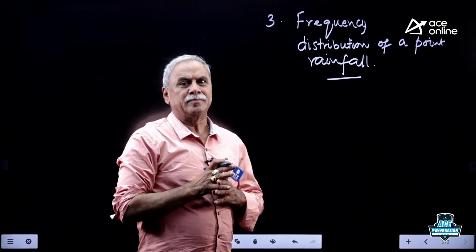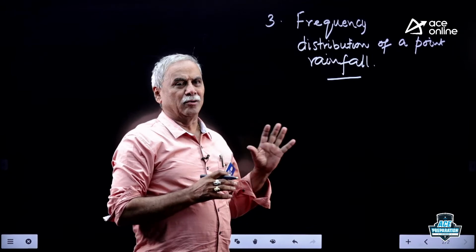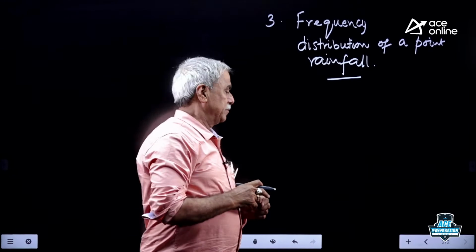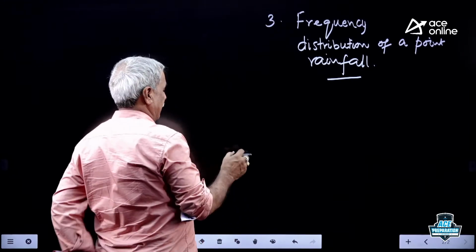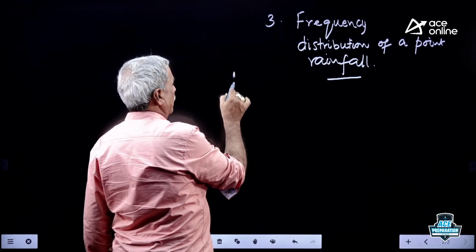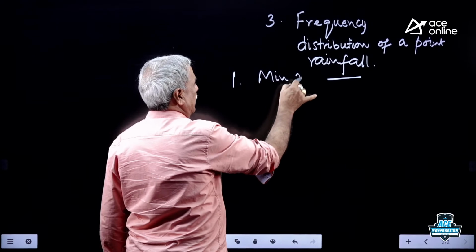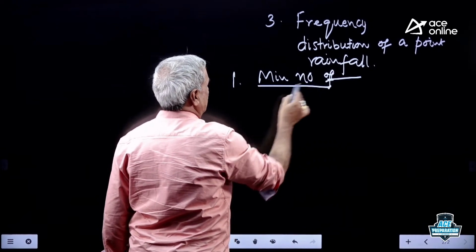Let us see what type of things we should learn regarding these three topics. We'll see in detail. First one is, in a given catchment area, minimum number of rain gauge stations.